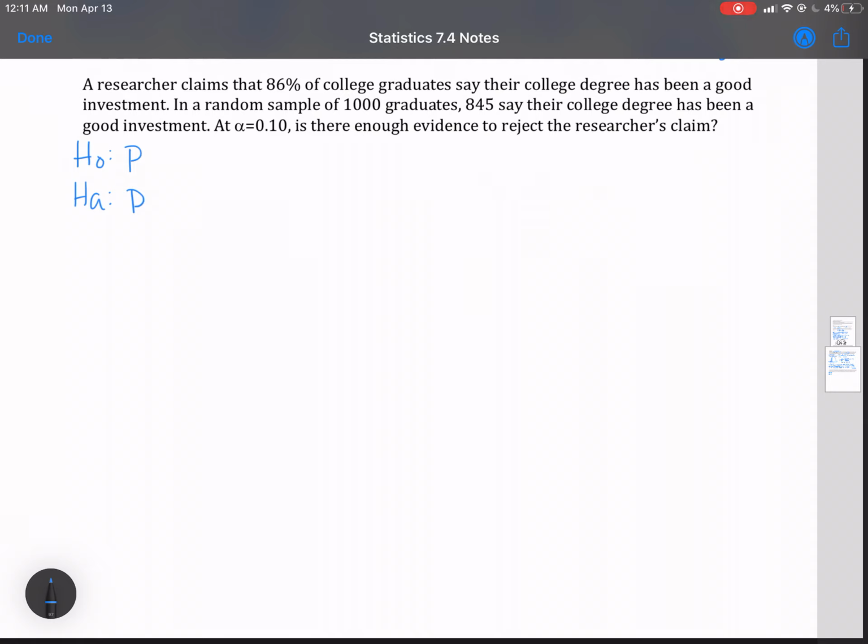So it says the researcher claims that 86%, so that means we're going to say equals 0.86, and that's our claim. So our alternative hypothesis would be not equal, so we automatically know that we're going to be two-tailed.